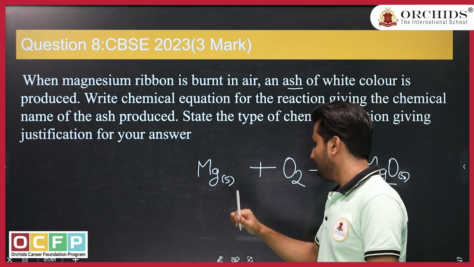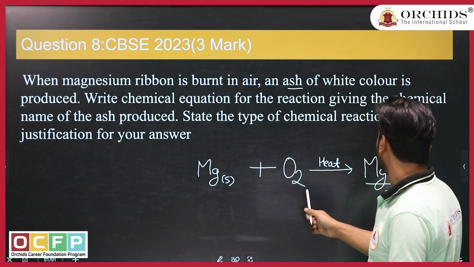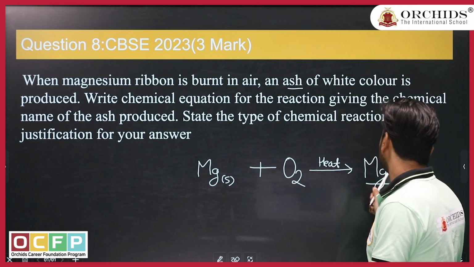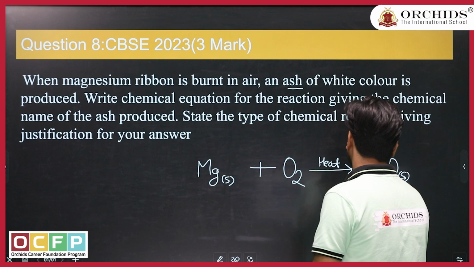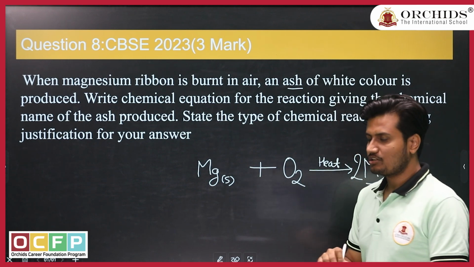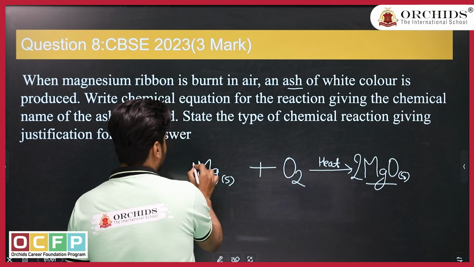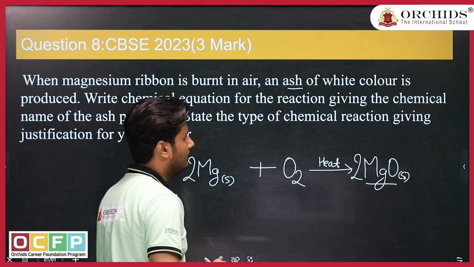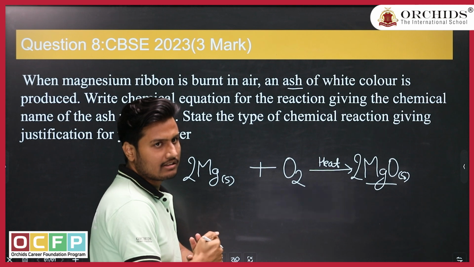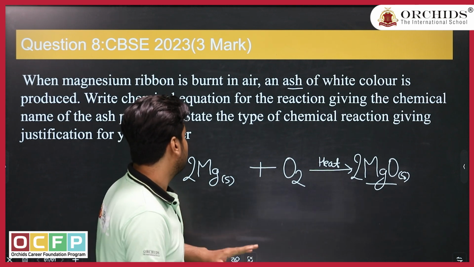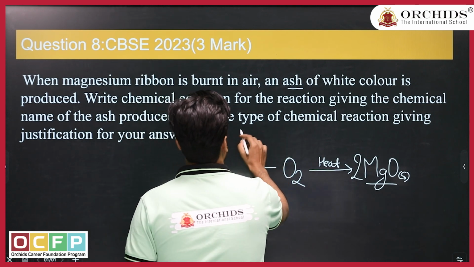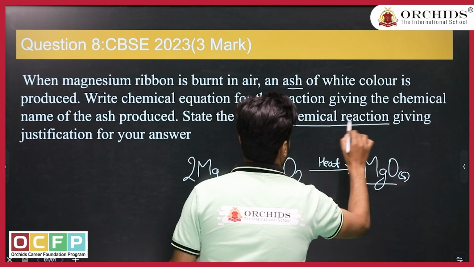Alright. Now let us balance the equation. There are two atoms of oxygen, there is only one atom. So we will make the coefficient as 2, and there are two atoms of magnesium, there is one atom. So we will make it 2 over here. Now our equation is balanced. Now what kind of equation is this? What is the type of equation? They are asking the type of chemical reaction.